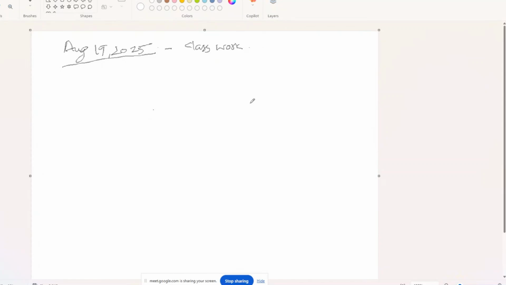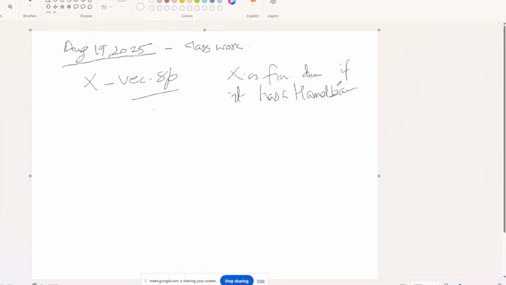See, what do you mean by finite dimension? Take X to be a vector space. When do you say it's finite dimensional? X is finite dimensional if it has a Hamel basis which is finite.